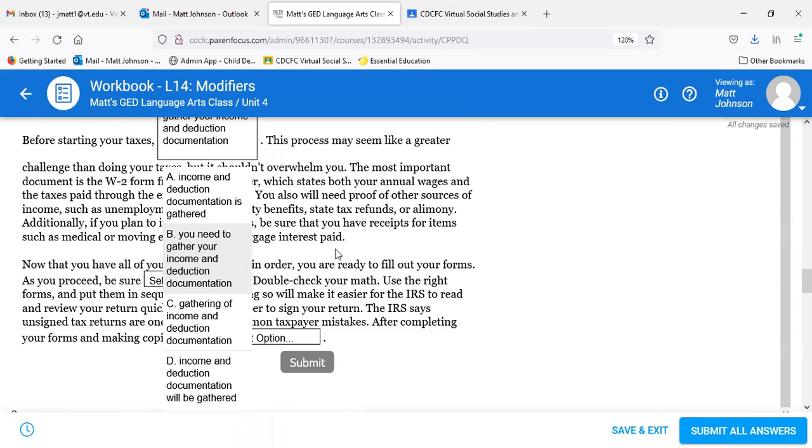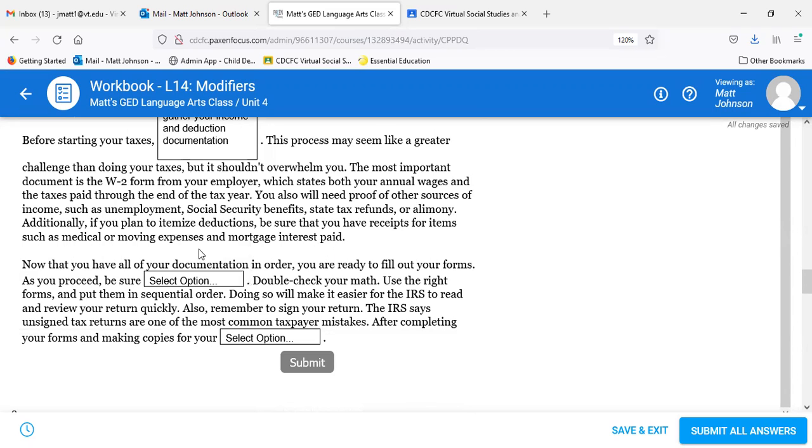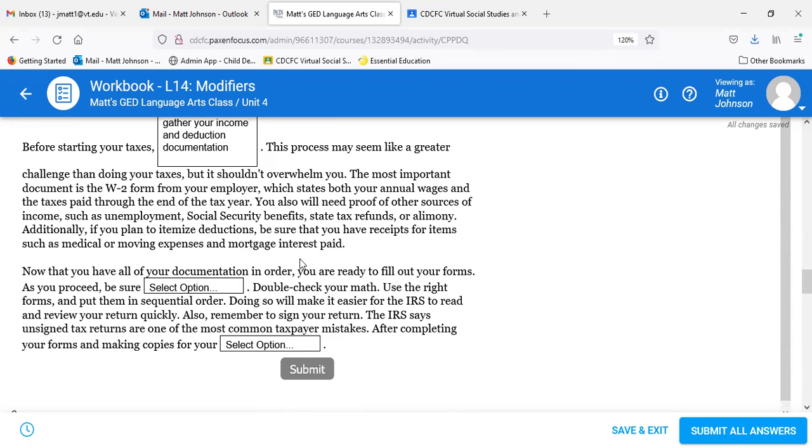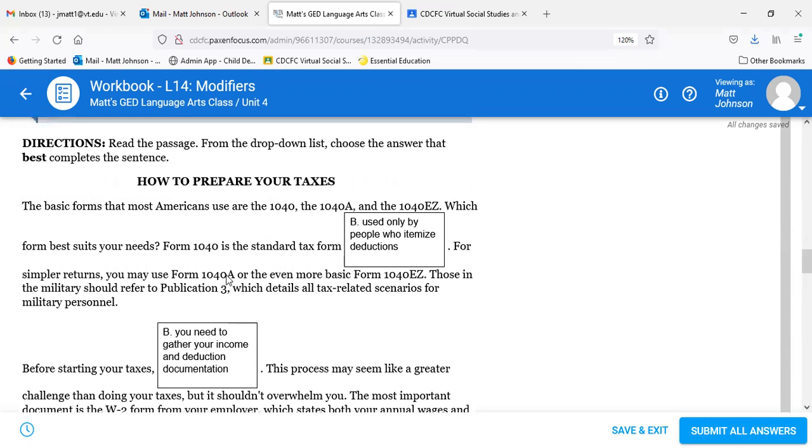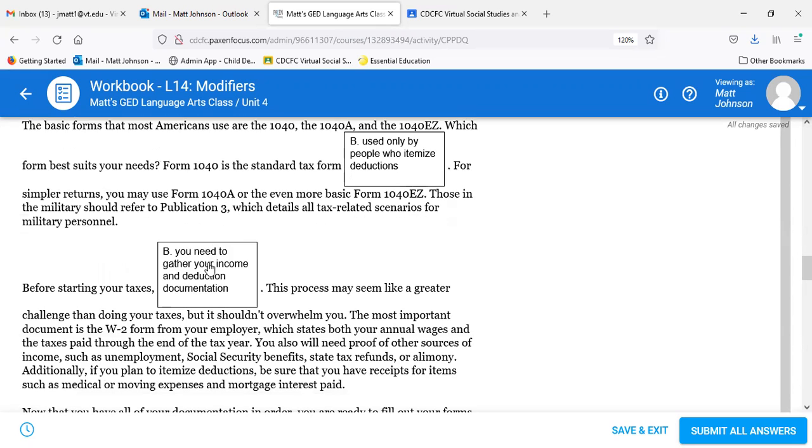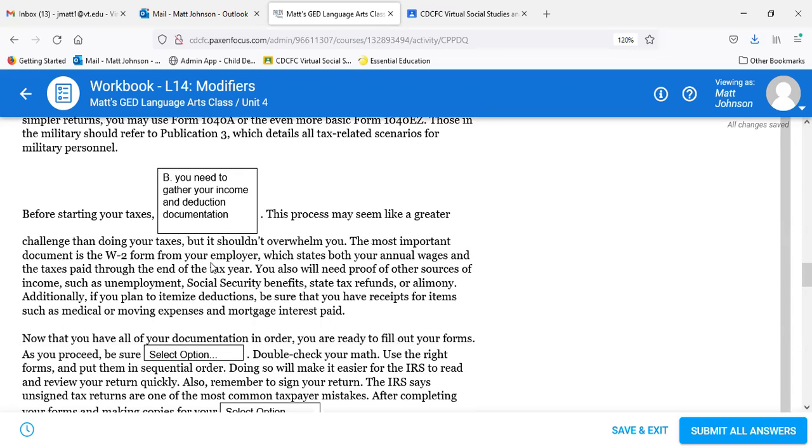These other choices, we don't have a subject. We're not pointing the modifier towards a subject at all. Only with "you" do we have a subject that the prepositional phrase is pointed towards. All right, this process may seem like a greater challenge than doing your taxes, but it shouldn't overwhelm you.